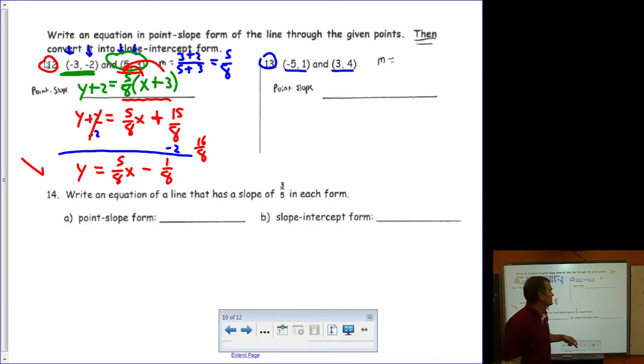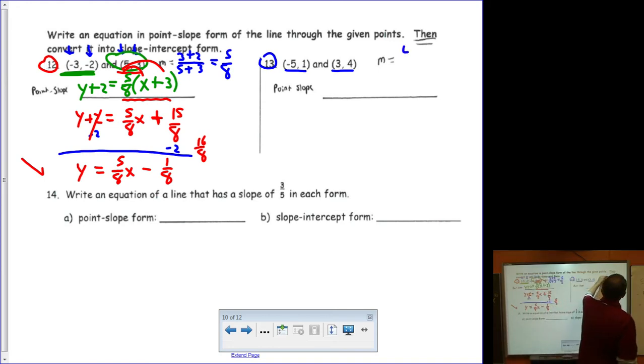Let's see what happens. First, I need to calculate the slope to write the equation. And the slope would be the y value minus the y value over the x value minus the other x value. That gives me a slope of 3/8.